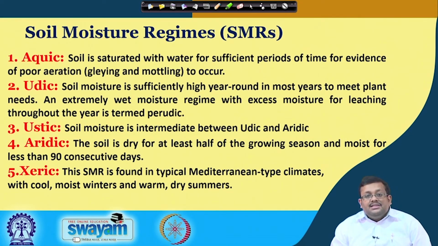And finally xeric, which is found in typical Mediterranean type climates with cool and moist winters and warm and dry summers. So, these five in a nutshell show the important soil moisture regimes, and based on these soil moisture regimes soil taxonomy develops different classification criteria.